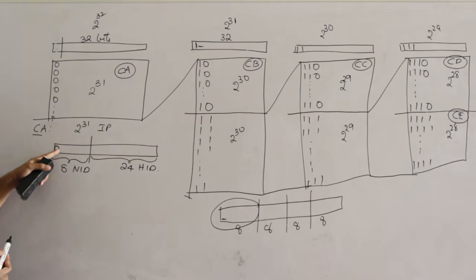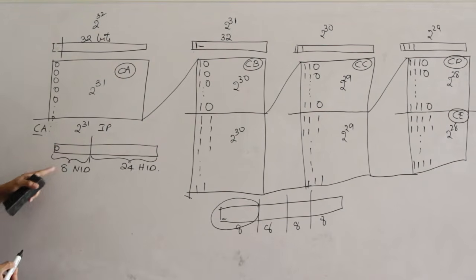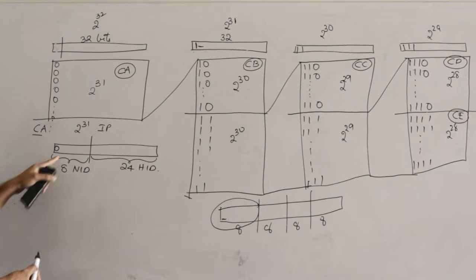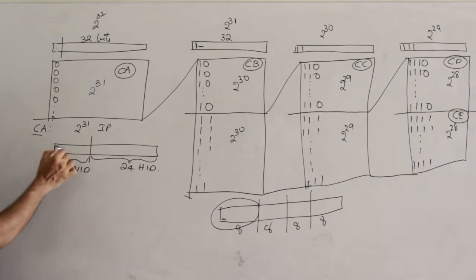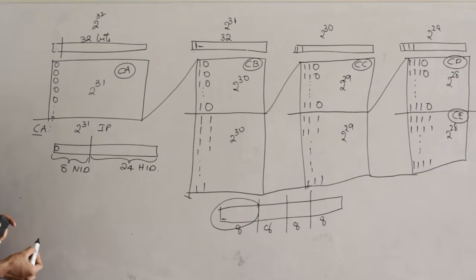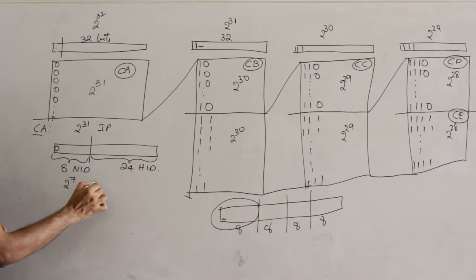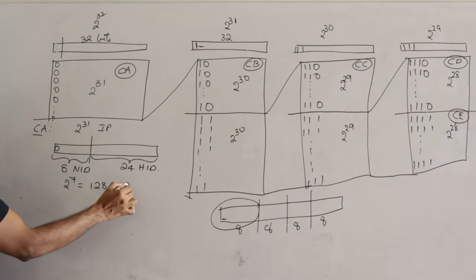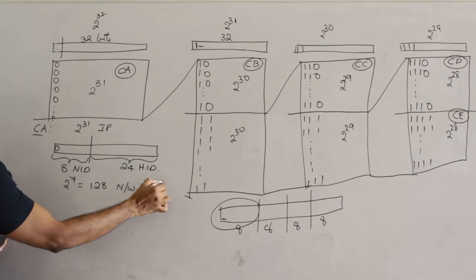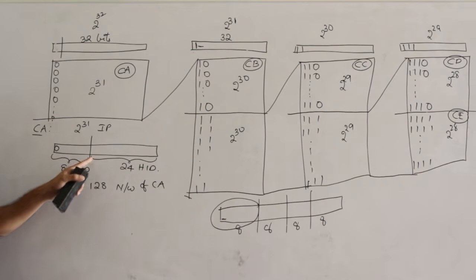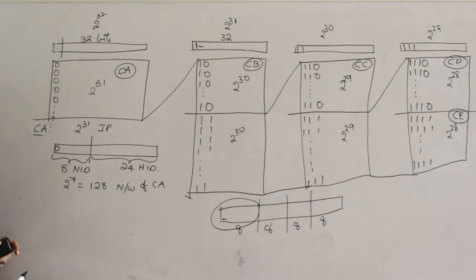Now the first bit is already fixed as 0. Out of 8 bits, the first bit is already fixed as 0. Then how many bits are remaining here? 7 bits. So with 7 bits, how many networks of class A are present? 2 power 7, which is nothing but 128 networks of class A. And if you take any network, how many IP addresses are present in one network?